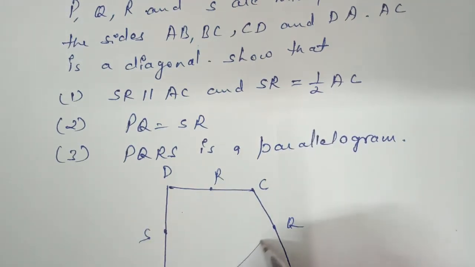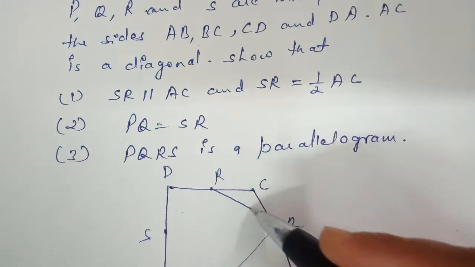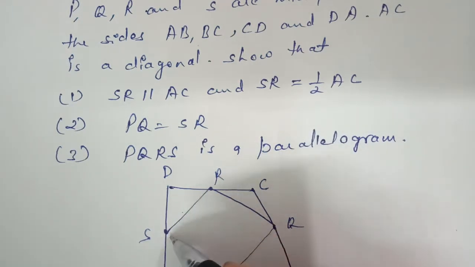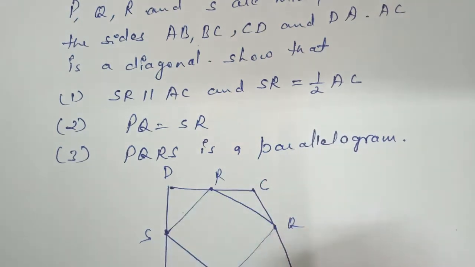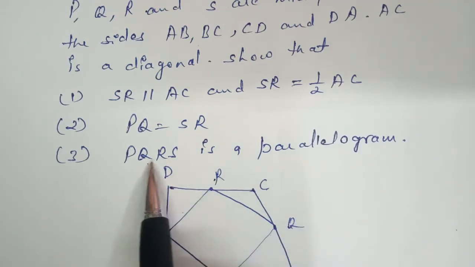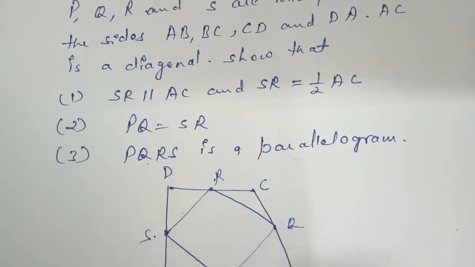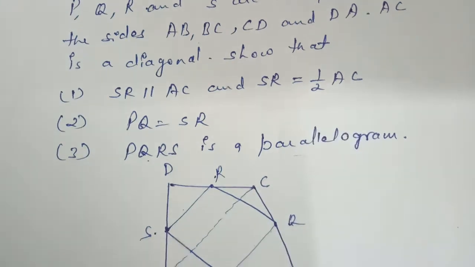When we join all of them, we get PQRS. At the last, we have to prove PQRS is a parallelogram. And one diagonal is also given, and that is AC.